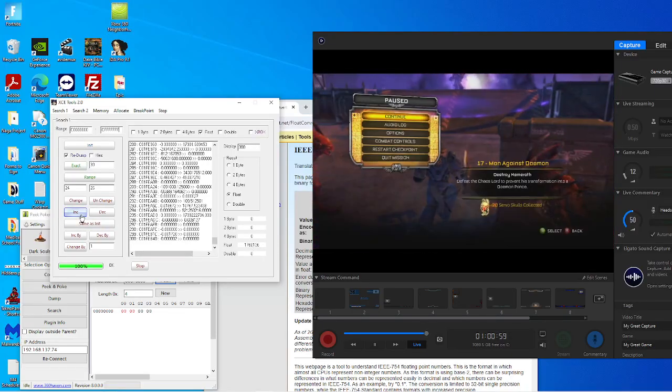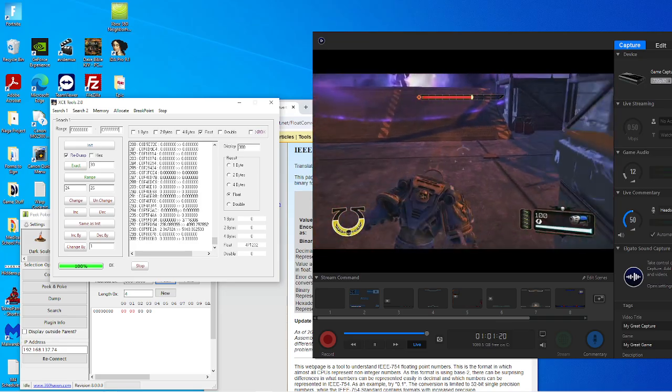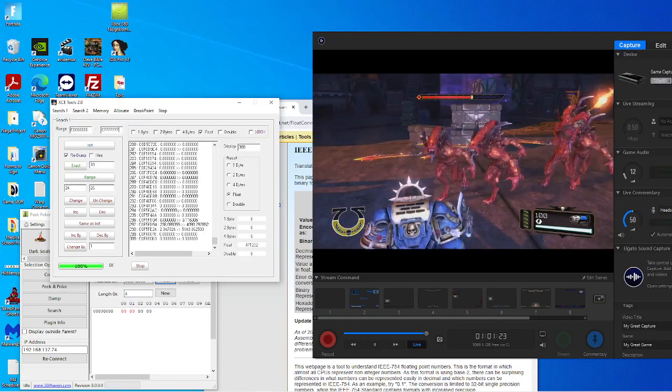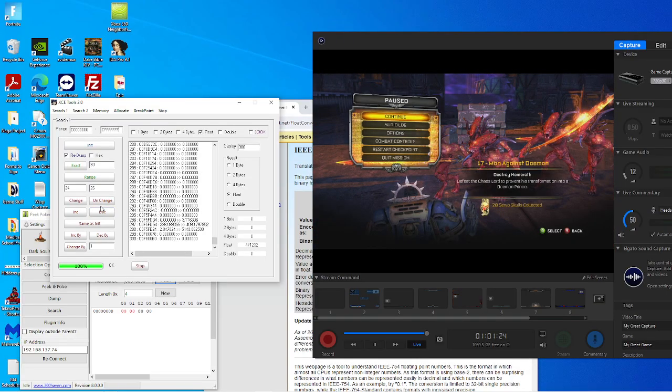Okay, counter went up again. Here's another thing that you can do. Our Fury hasn't increased any because we haven't changed it or hit another enemy.